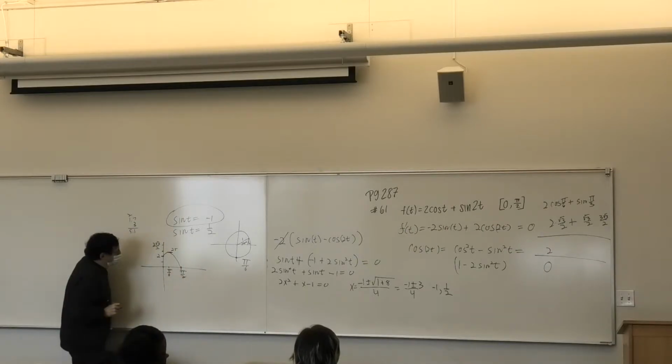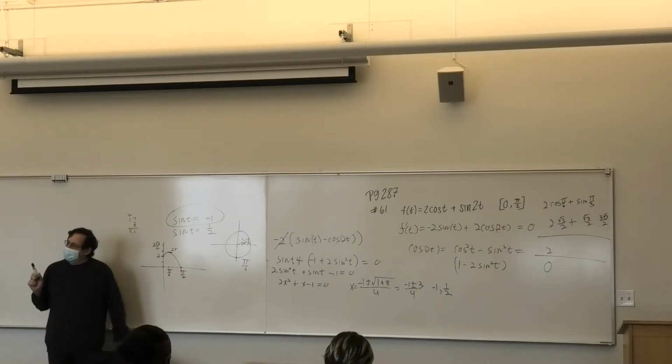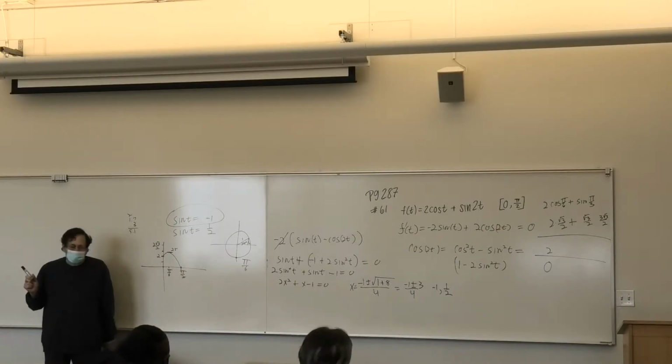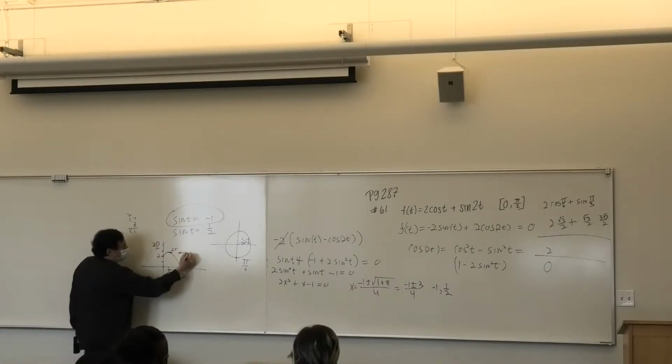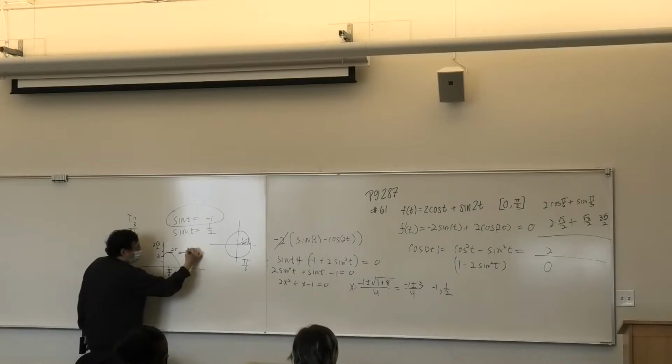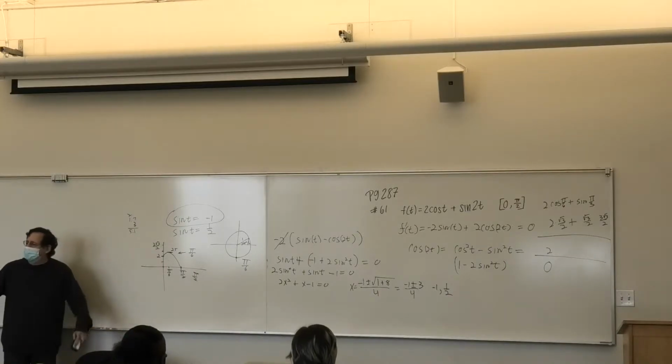Okay, so now I think we know everything we need to know to answer the question. What's the question? Max and mins? Okay. So this is both a relative and an absolute maximum at pi over 6. And the min is at pi over 2. It's kind of sloppy, but I didn't prepare.